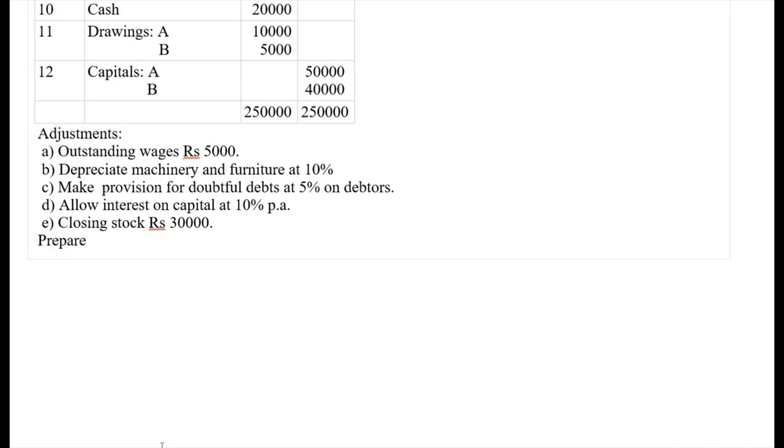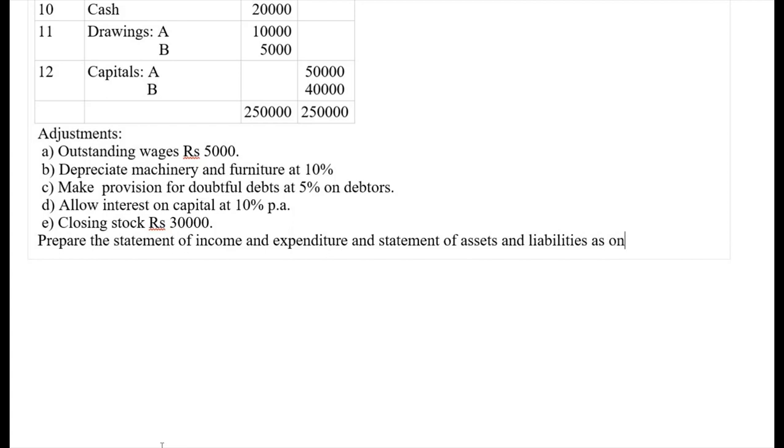So prepare the statement of income and expenditure and statement of assets and liabilities as on 31/3/2017 in the prescribed form under the Act.